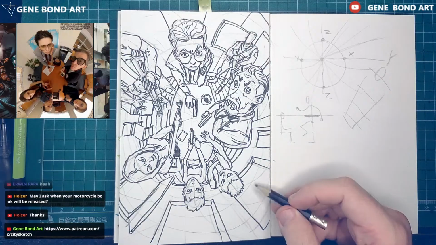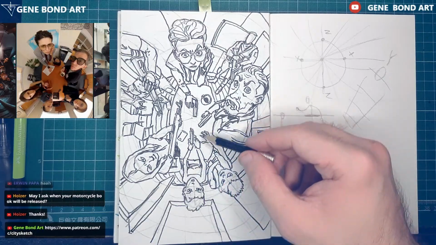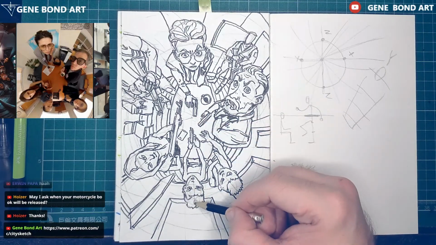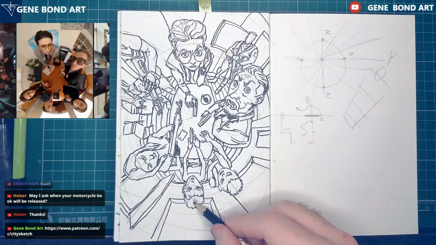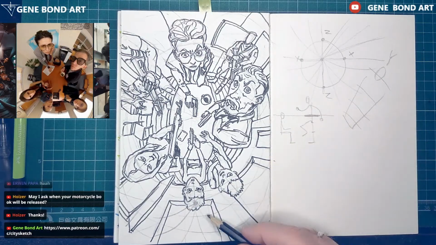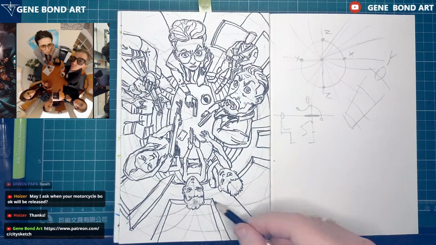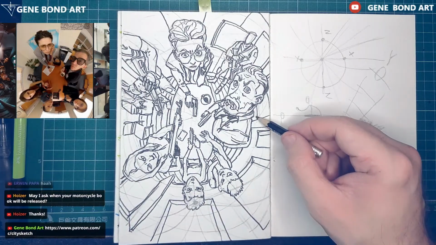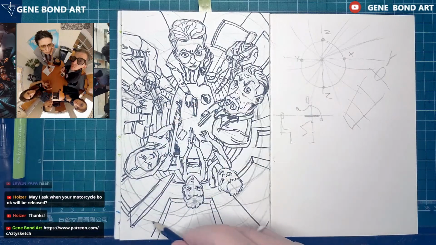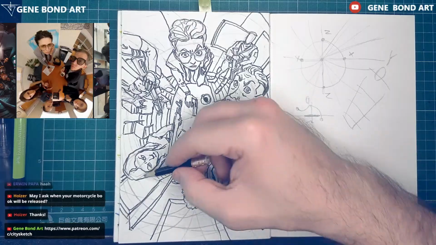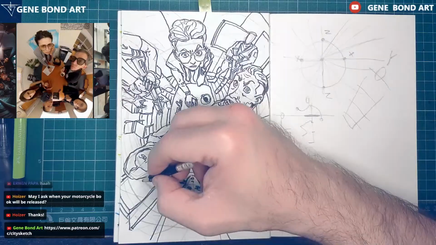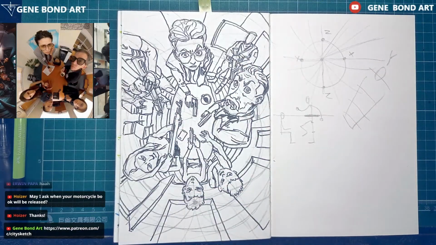We have two windows. So this is the vanishing point. And corridor.